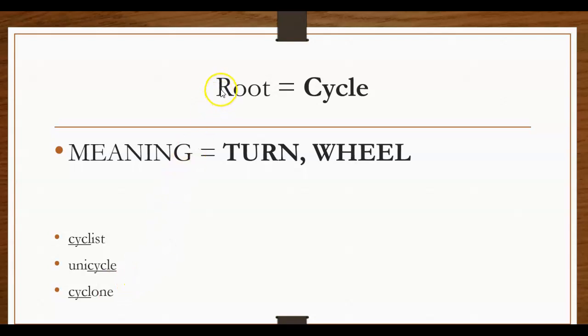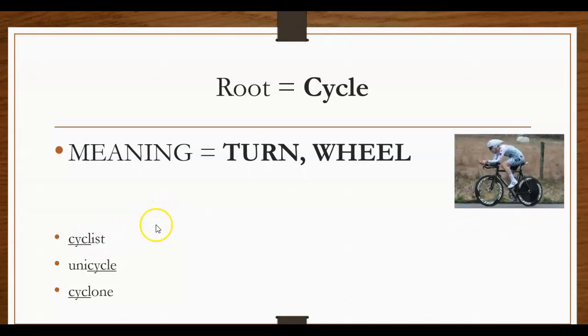And then we have the root cycle, which probably looks familiar, and it means turn or wheel. So a cyclist is somebody who rides on 2 wheels. A unicycle, uni is one, cycle being one wheel.